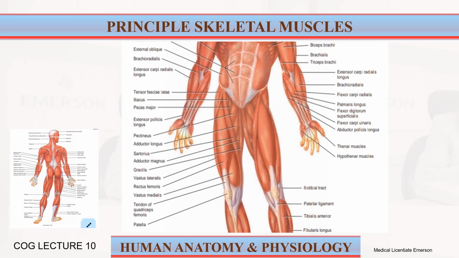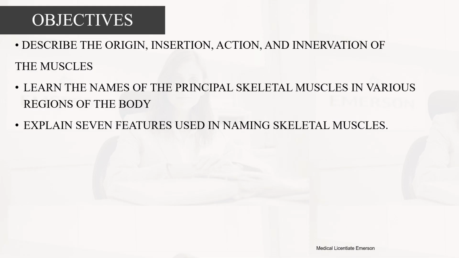So today we are going to go through the principal skeletal muscles. Okay, so we are continuing with the principal skeletal muscles. Your objectives for today are to describe the origin, insertion, action, and innervation of the muscles. We're going to learn the names of the principal skeletal muscles in the various regions of the body.